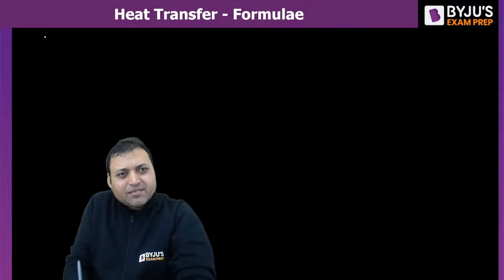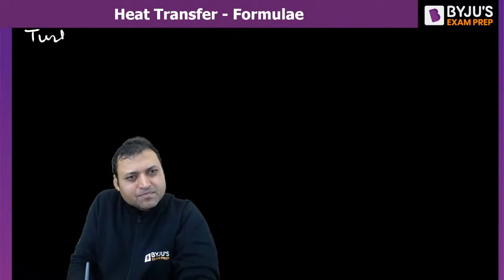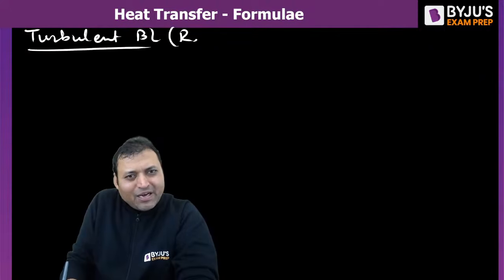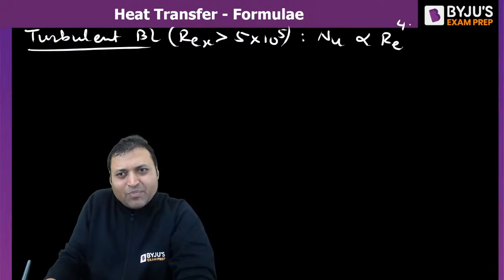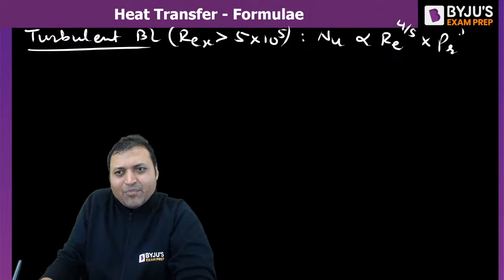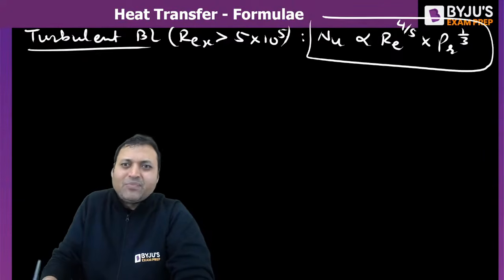Then the turbulent boundary layer, when the Reynolds number is greater than 5 into 10 to the power 5, then we can say Nusselt number is proportional to Reynolds number to the power 4 by 5 into Prandtl number to the power 1 by 3. That will be the expression.